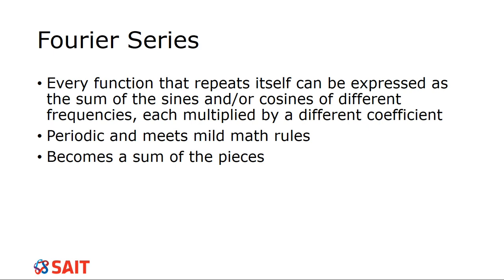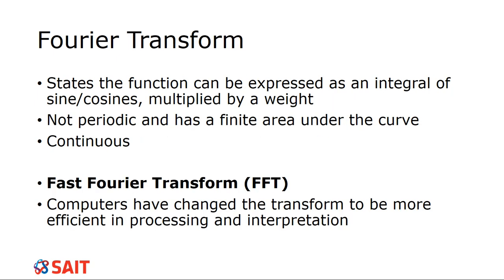The idea is that it's an infinite series breaking down every repeatable function into these parts. But then we have the issue of, what happens if it's not periodic and doesn't repeat itself totally? This is where the Fourier transform comes in.